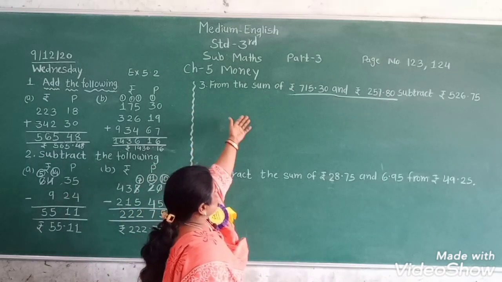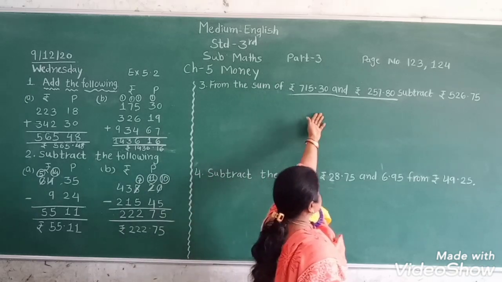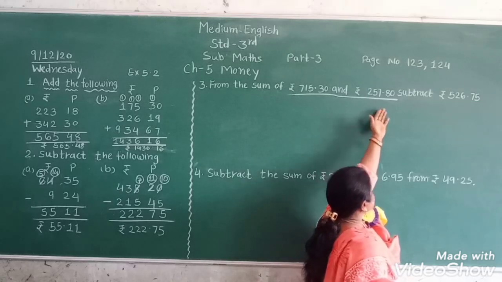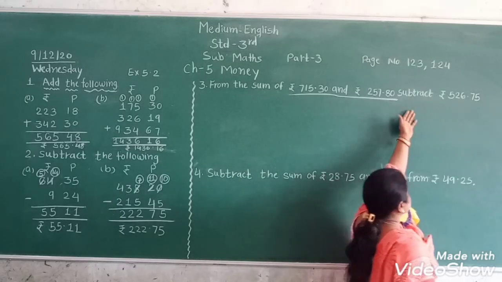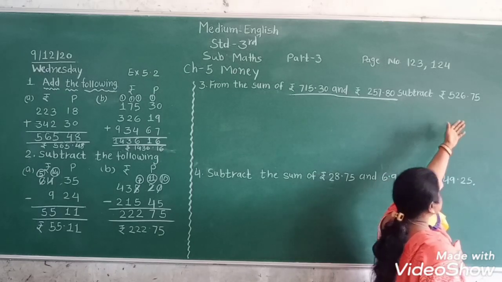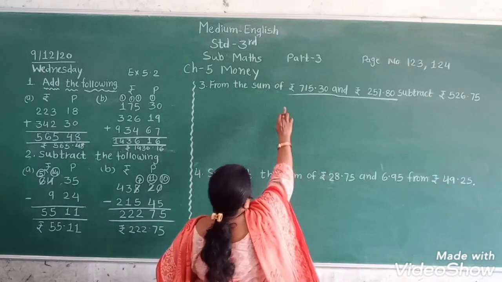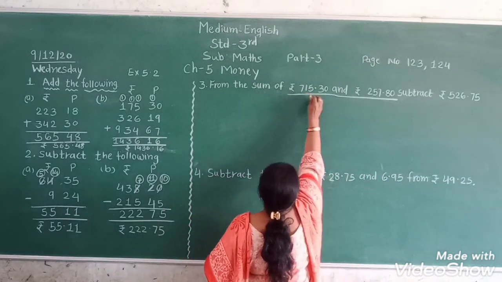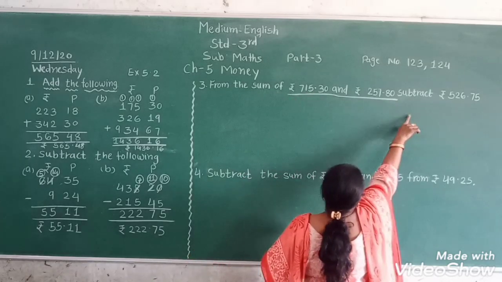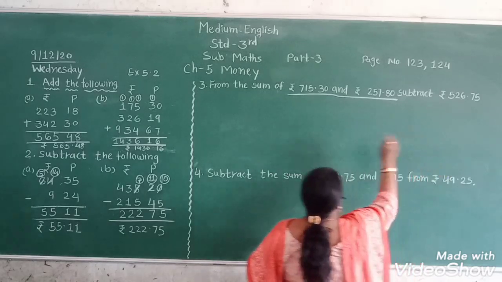3 number sum. From the sum of rupees 715 30 paise and rupees 257 80 paise, subtract rupees 526 75 paise. So first we get these two sums and after we subtract.